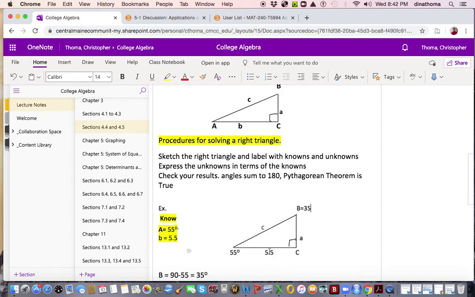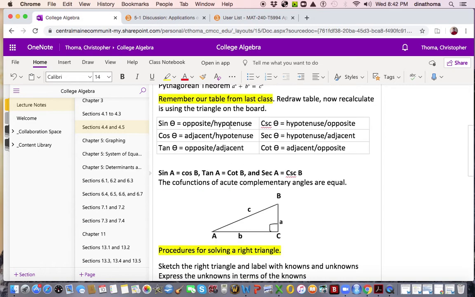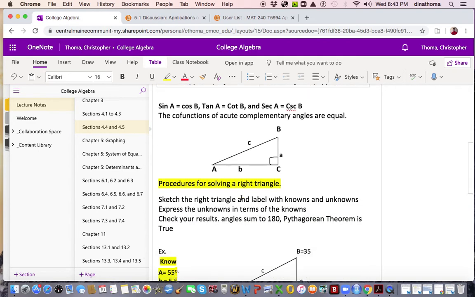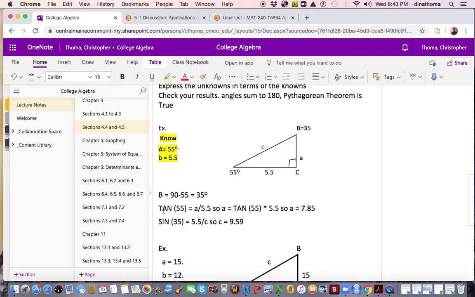But because I know the adjacent side, and I know this is 55, I should pick something that has adjacent in it. So I can do tangent, or cosine, if I'm at angle A. I chose tangent. So tangent of 55 degrees equals opposite, which is A, over adjacent, which is 5.5.